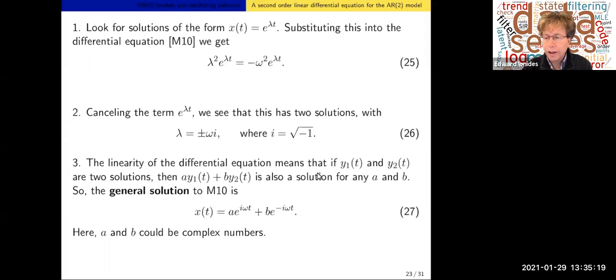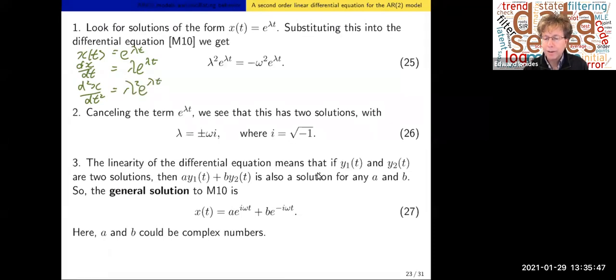So dx/dt is lambda e to the lambda t, and d2x by dt squared is lambda squared e to the lambda t. And so in M10, this gives lambda squared e to the lambda t is minus omega squared x, and we're looking for solutions of the form x is e to the lambda t.